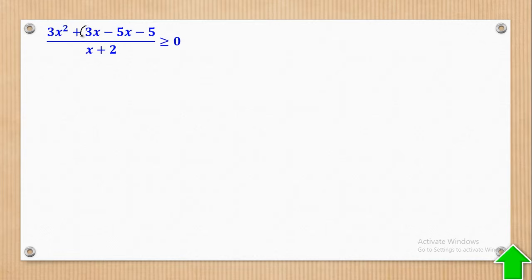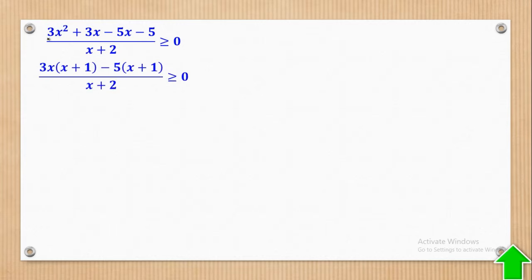Here there was -2, so you have to get two factors whose sum is -2 and product is -15. Those two factors are 3 and -5, because 3 minus 5 is -2 and 3 times -5 is -15. That is why you have replaced -2x with 3x minus 5x.